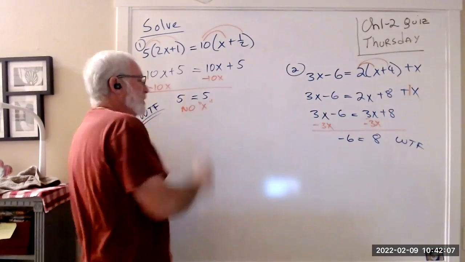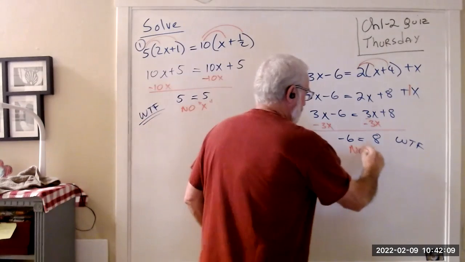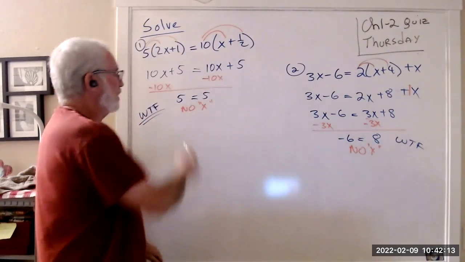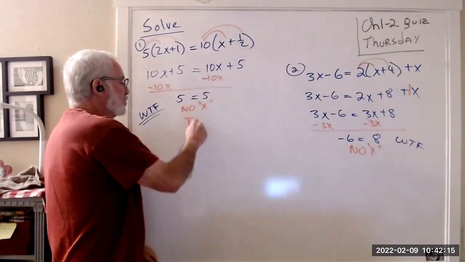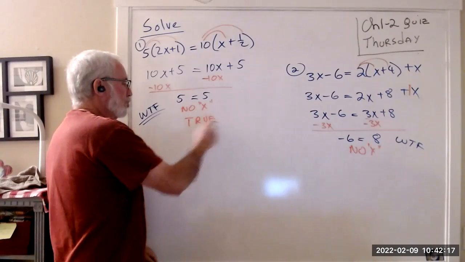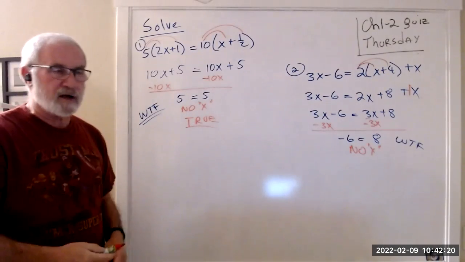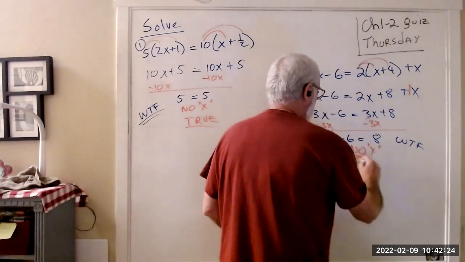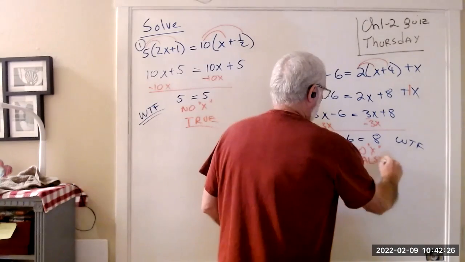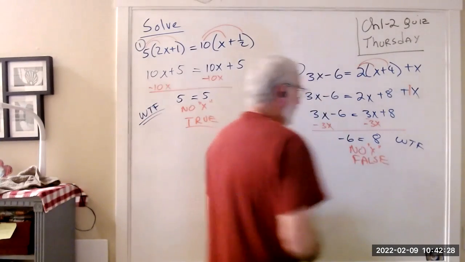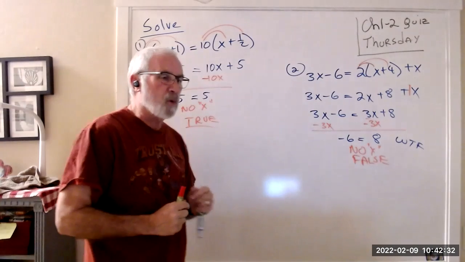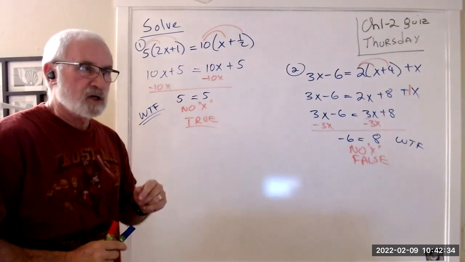The x's dropped out. There are no x's. Okay, but this is true: 5 equals 5. This is false. Negative 6 cannot equal 8. That's really important that you see those differences.